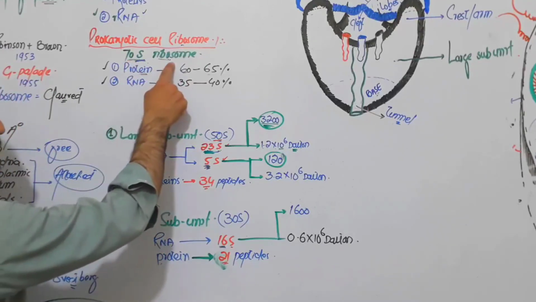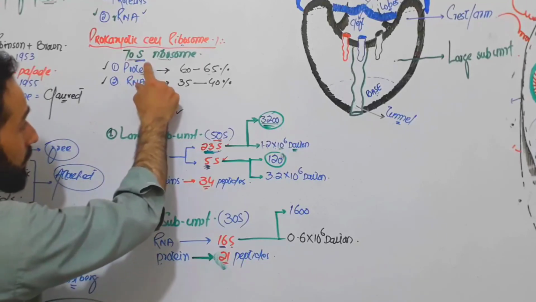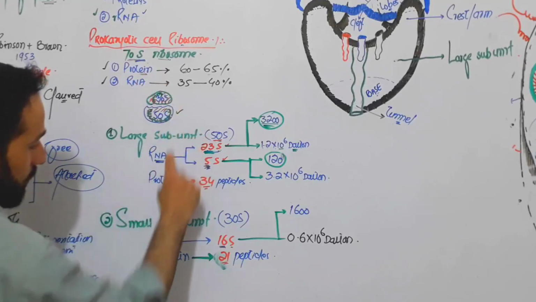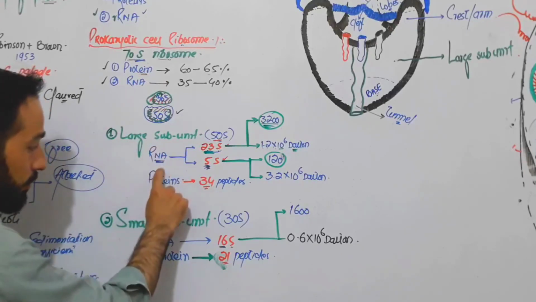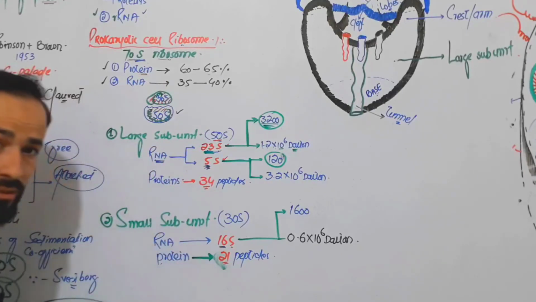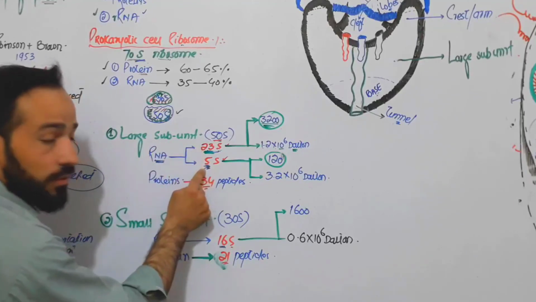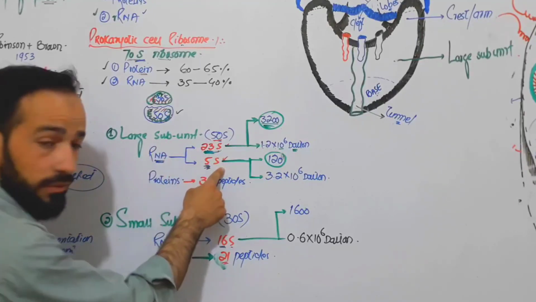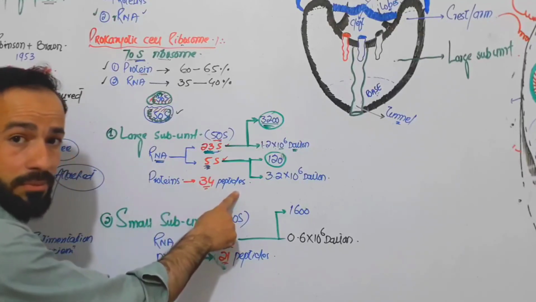The 70S ribosome is made up of proteins and RNA. This 70S ribosome contains the large subunit and the small subunit. The large subunit must contain RNA and protein. The small subunit must contain RNA and protein. In the large subunit there are two types of RNAs, the 23S RNA and the 5S RNA, and 34 peptides are present.